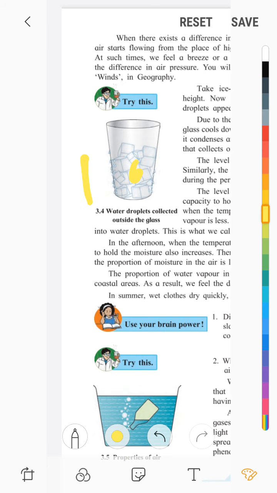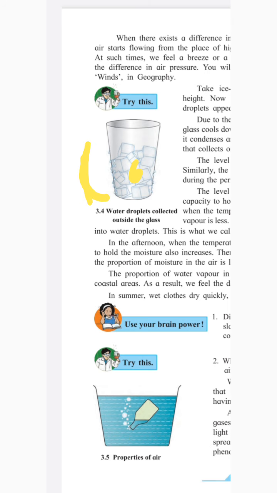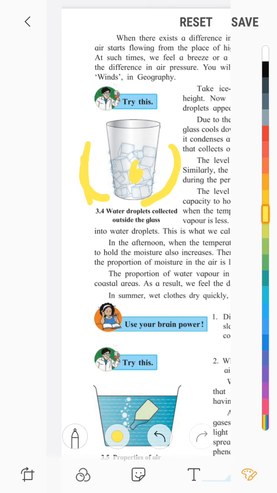Now observe what happens. How did the water droplets appear outside the glass? Due to the ice cubes in the glass, the air surrounding the glass cools down. As the water vapor in this air cools down, it condenses and gets transformed into water. It is this water that collects on the outer surface of the glass.